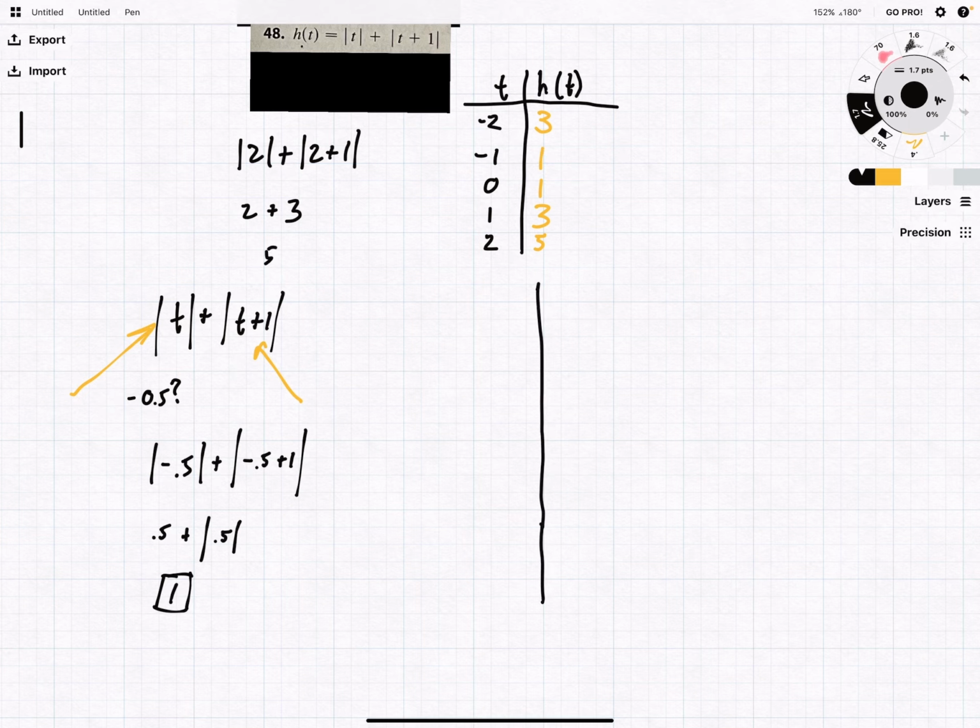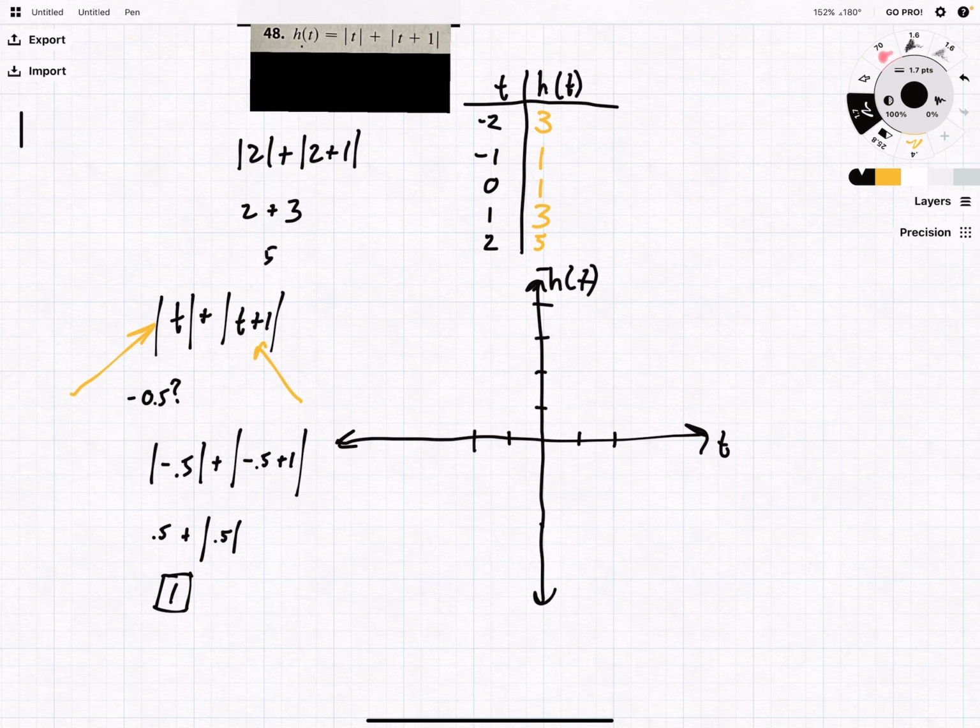So let's go ahead and do that. And we have something like this with h of t and t. And let's see, at negative 2, I'll do the spots every 2, so something like that.